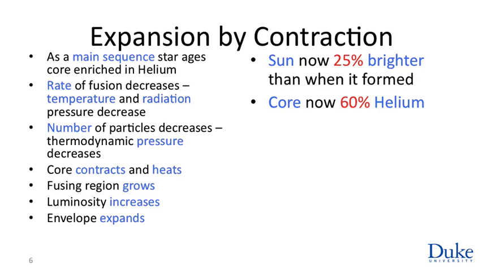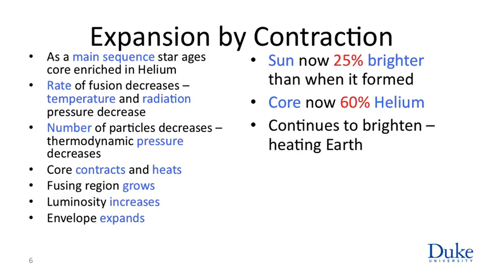Of course, there are regions outside the core that are beginning to fuse as new clean hydrogen, untainted by helium, is compressed to the densities and temperatures where it too can begin to fuse, which is why the sun has a larger luminosity now. It's going to continue to brighten over the next 5 billion years, making Earth warmer and warmer, and you can ask, global warming, carbon dioxide, will the sun do us in?